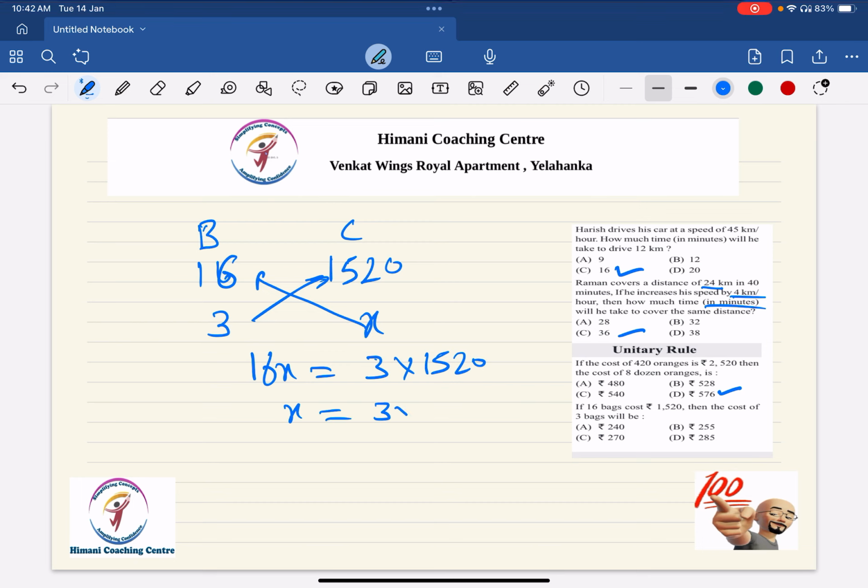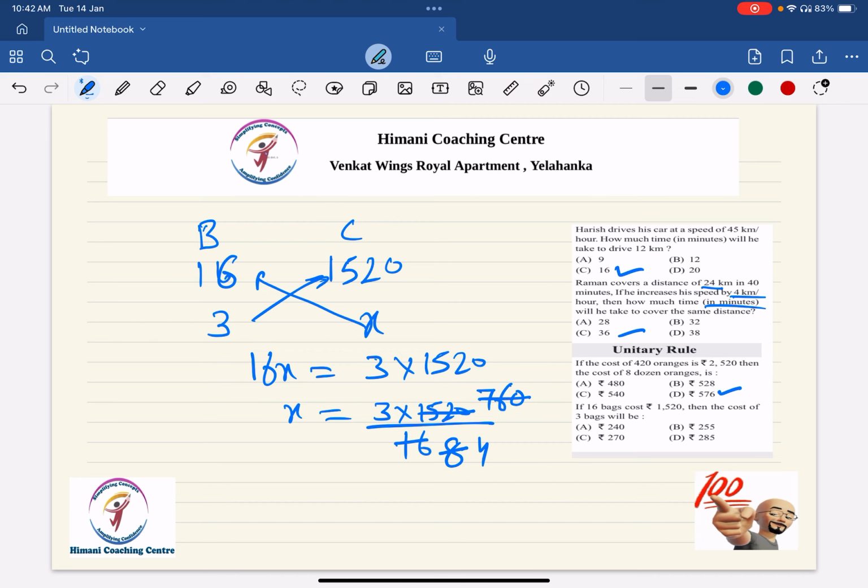X equals 3 into 1520 by 16. Divisible by 2. So 2 eights are, then 2 sevens are 14. Then 2 sixes are 12. Again you can divide by what? 2.